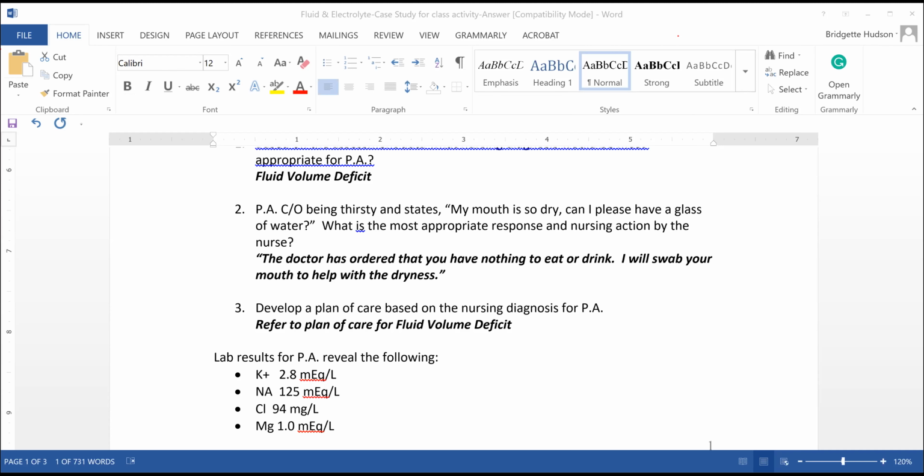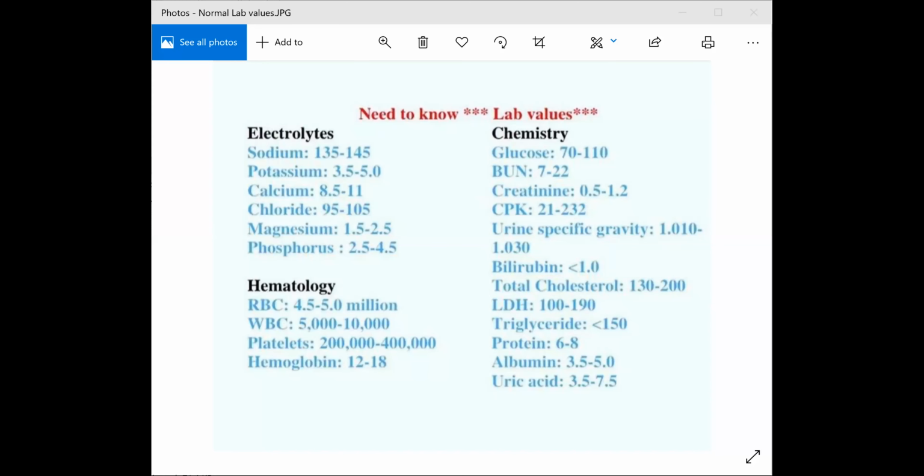Okay. So I'm going to bring up some lab values. I'm going to share a different screen. So here are all of our basic lab values. Can you guys see these? Okay. So if her potassium is 2.8, then we're well below where we need to be.